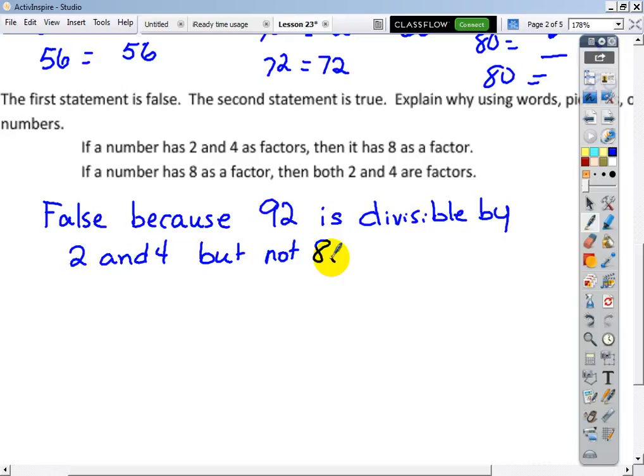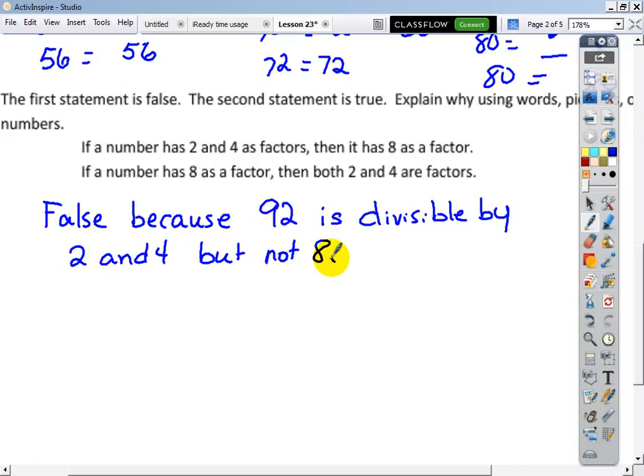Yeah. Because any even number always makes an even number. Whoa. And any even number is always divisible by 8. But will the factors of 4 work? Good question. 28 has 2 and 4 as a factor, but not 8.